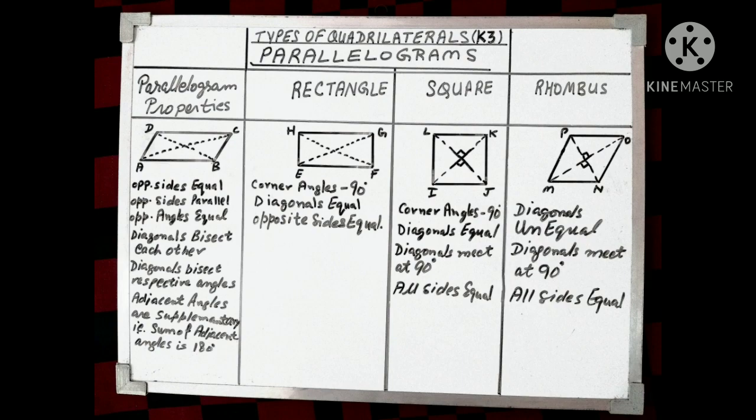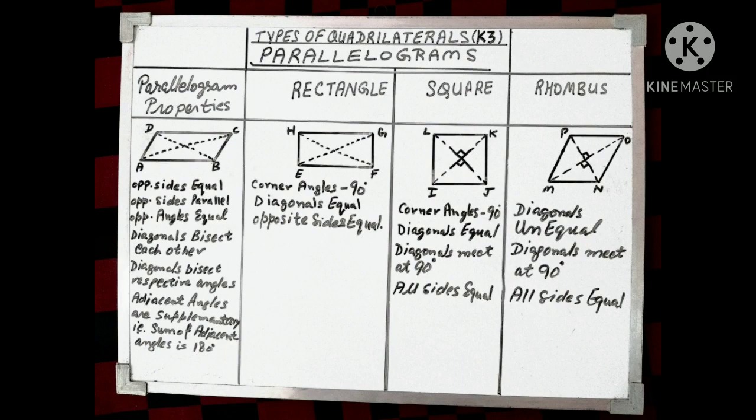And also you will observe that the corner angles of the square are 90 degrees, but in the rhombus the corner angles are not 90 degrees, right? And no doubt, in both cases, square and rhombus, the diagonals meet at 90 degrees.